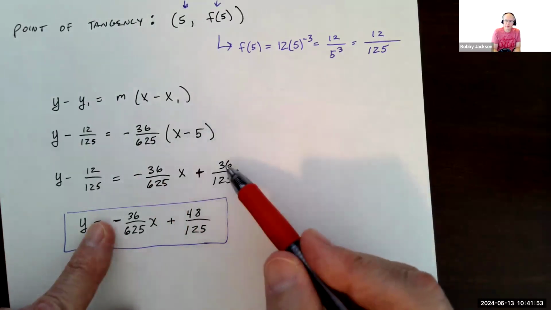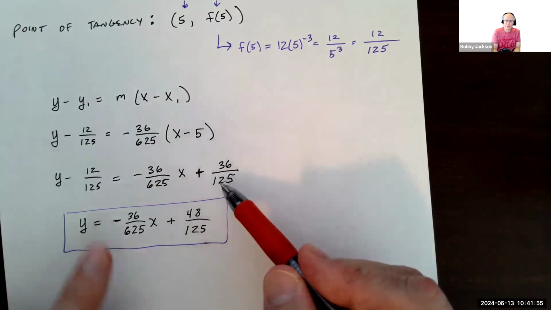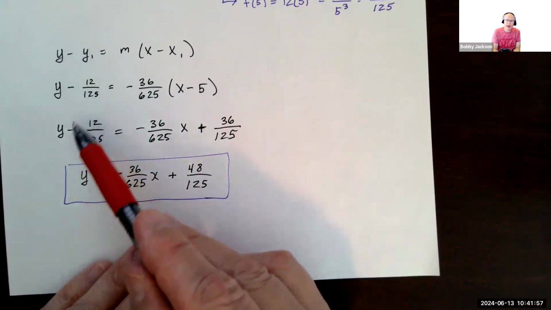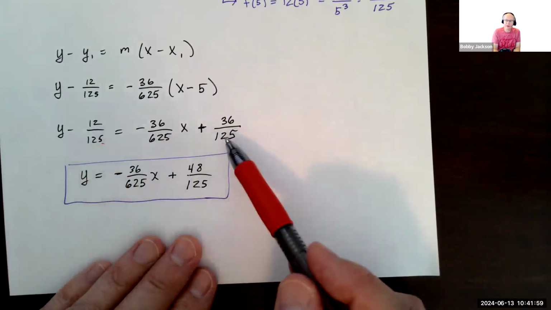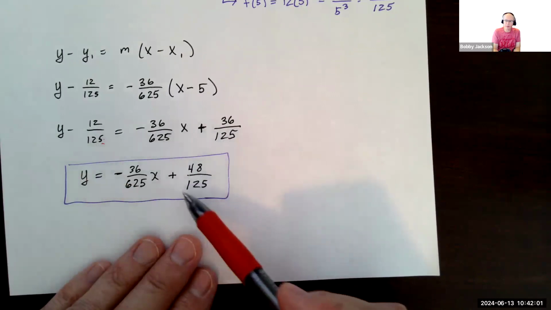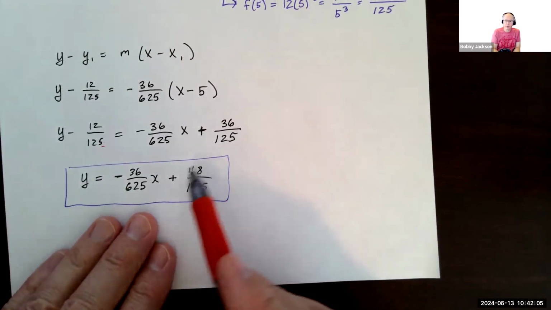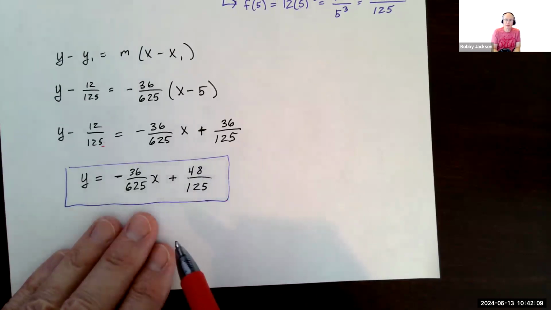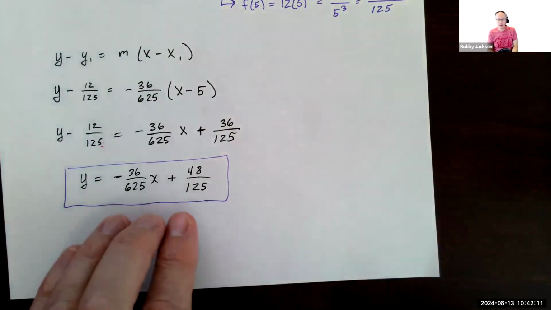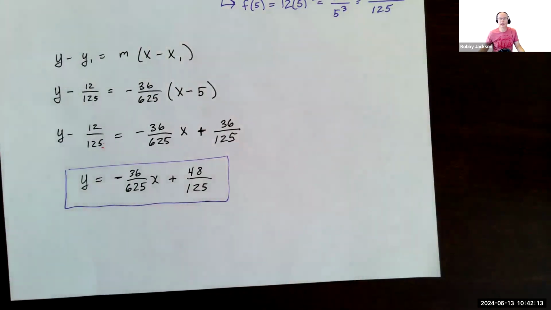So I'll get positive 36 over 125. And then to solve for y, I add 12 over 125. Notice they have the same denominator, so I can combine them, and I get 48 over 125 for the y-intercept for my tangent line. So there is the equation of the tangent line in this case.